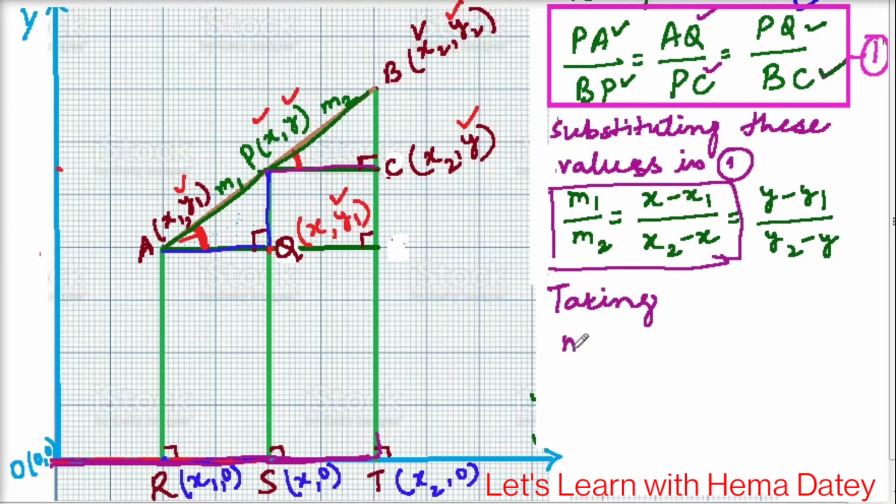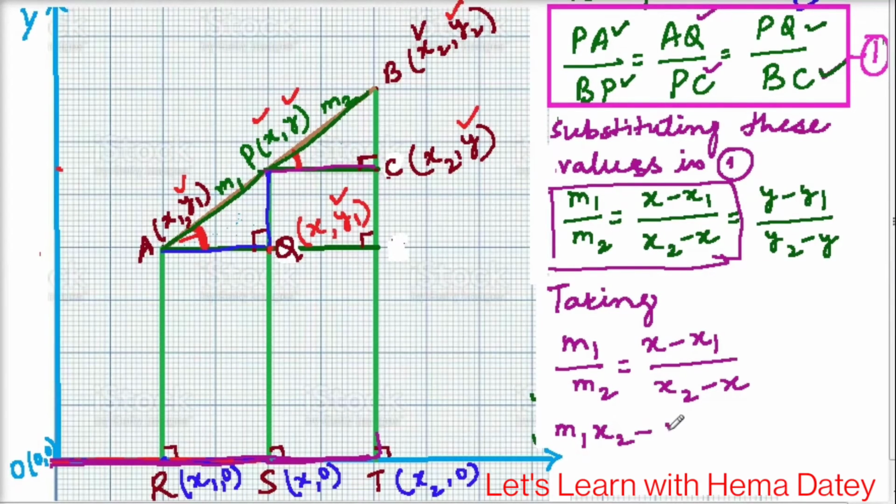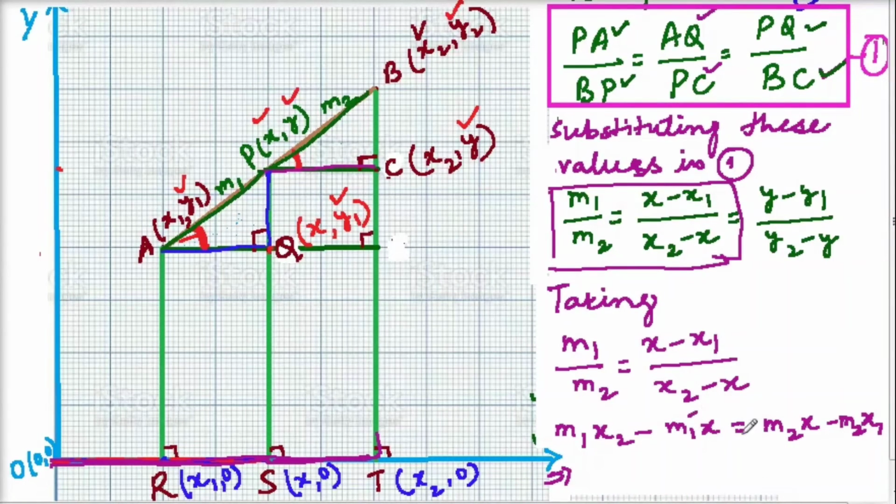On taking these two ratios together, we'll get m1 upon m2 equals to x minus x1 upon x2 minus x. Let's cross multiply. m1x2 minus m1x equals to m2x minus m2x1. Let's shift minus m1x to make it positive.